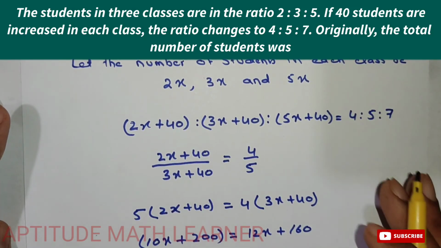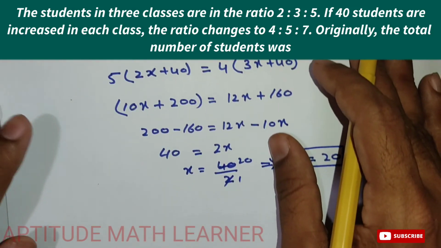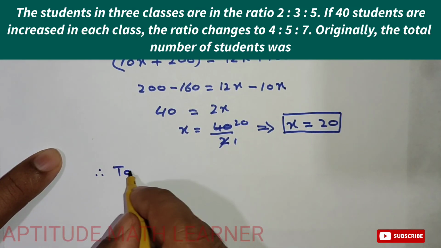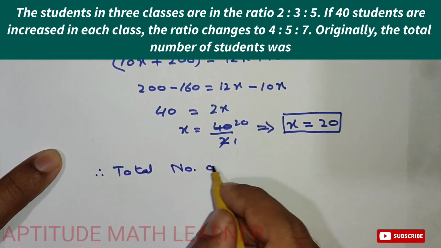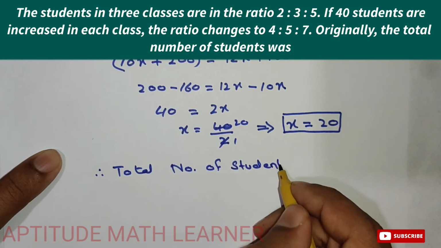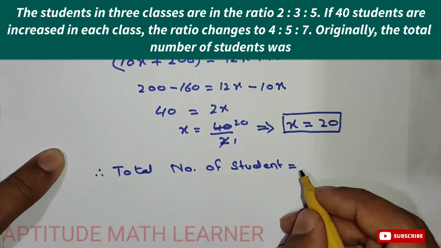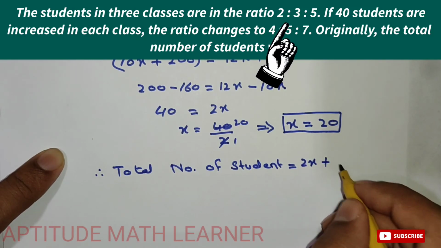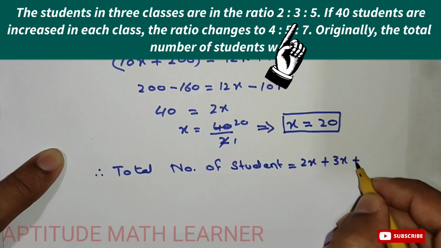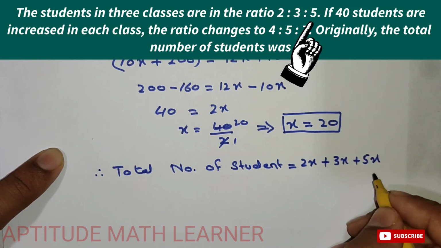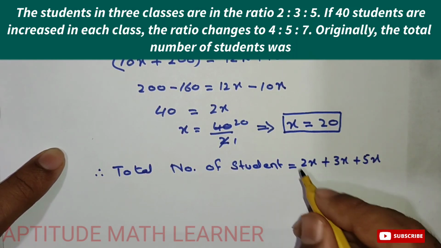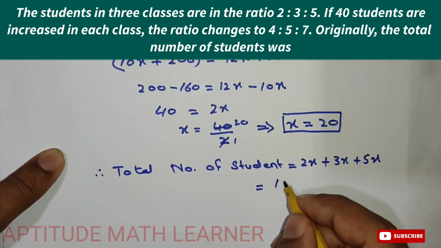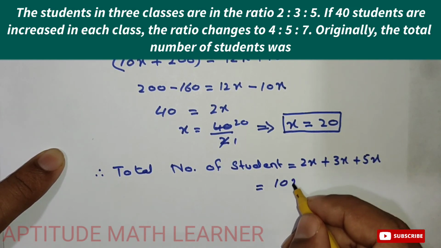So the total number of students is 2x plus 3x plus 5x, which becomes 10x.